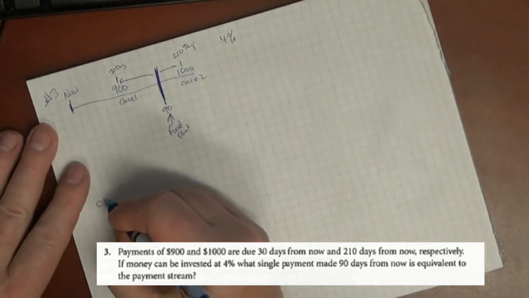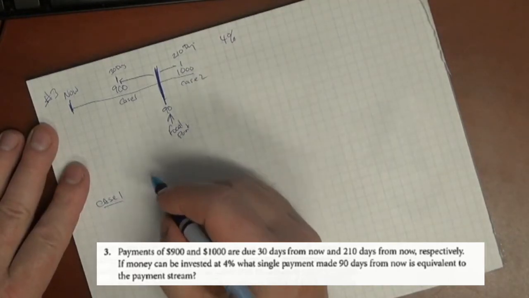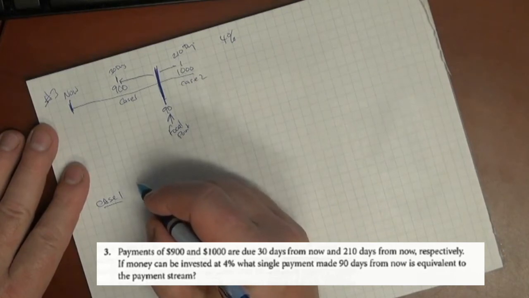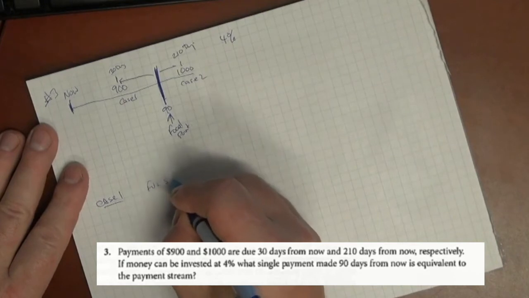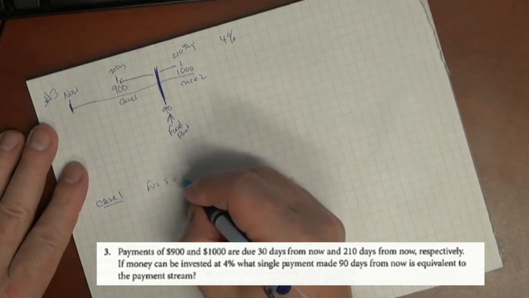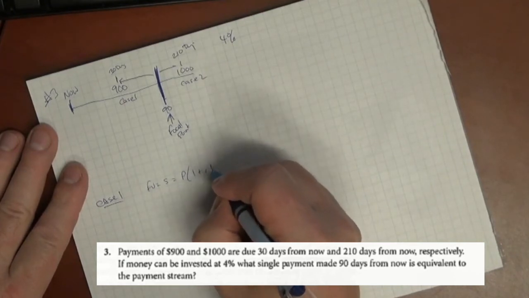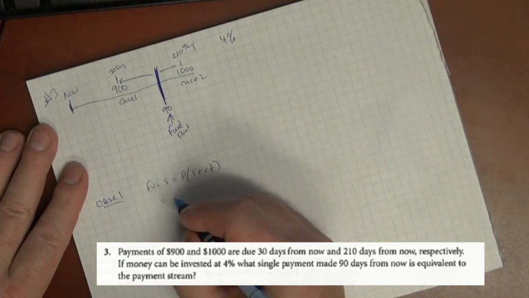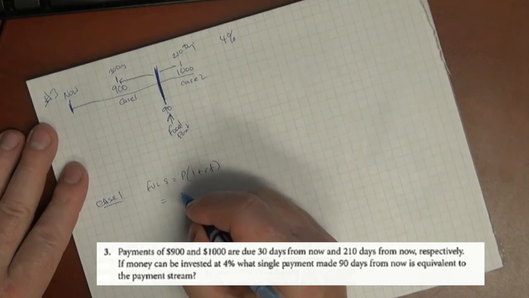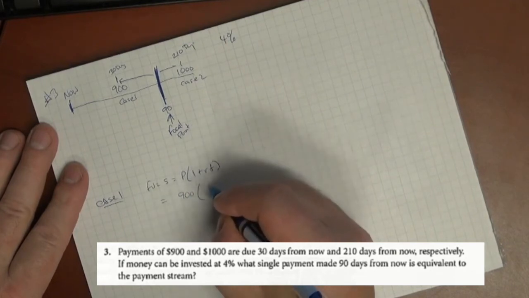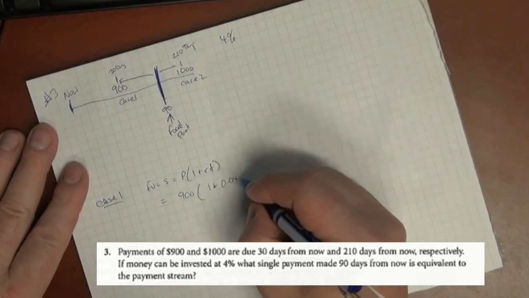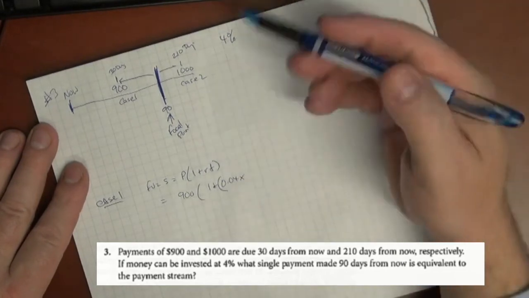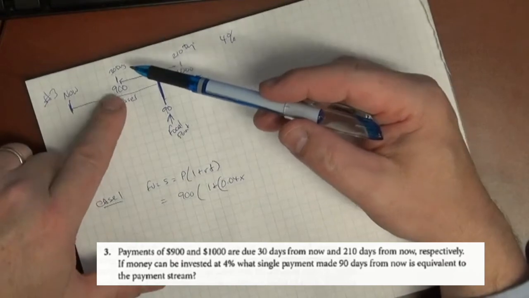In case 1, we've got the $900, and we're trying to calculate the future value of it. Future value is S equals P times 1 plus RT, so it equals $900 times 1 plus, and the rate is 0.04 times, and we ask ourselves, how long is it?